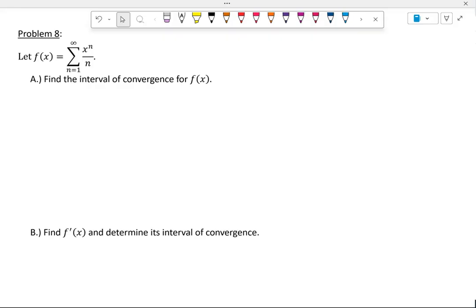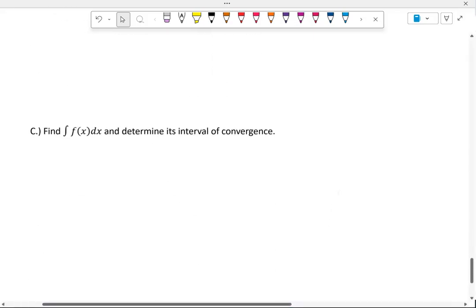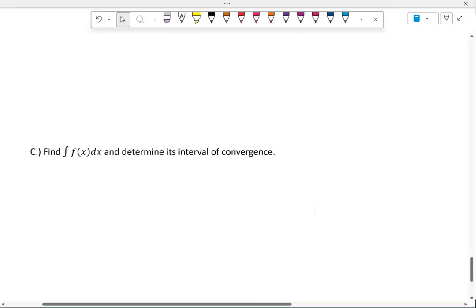Then we need to test our endpoints to be able to find our interval of convergence for f. Then we are going to determine the interval of convergence for f prime and the interval of convergence of the integral of f of x.